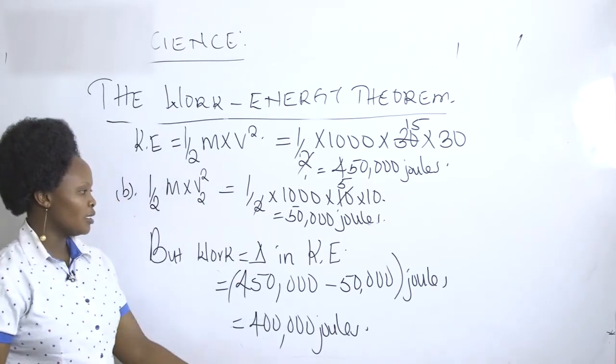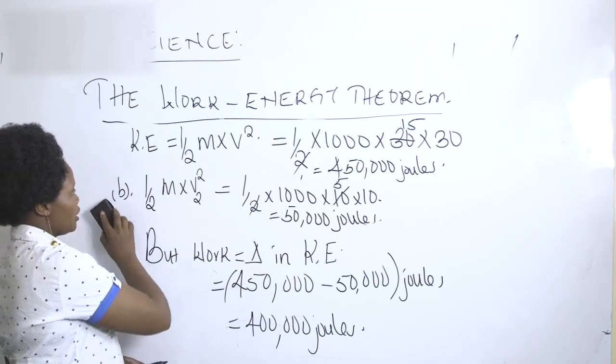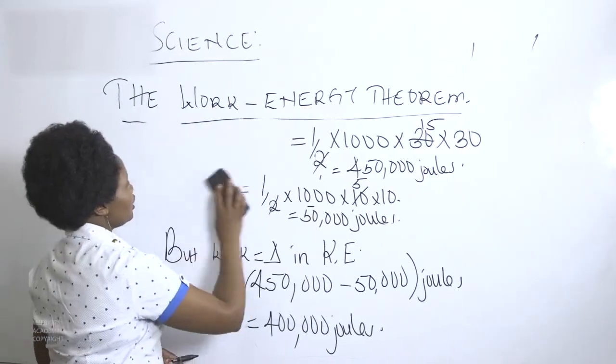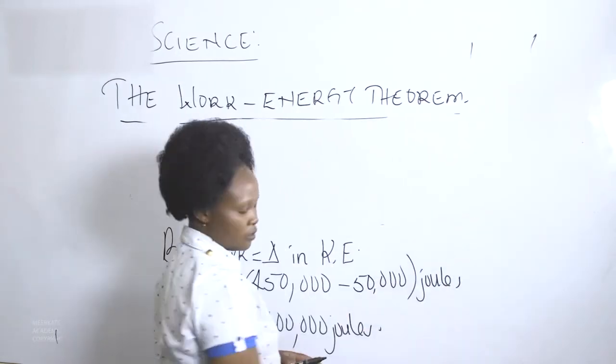Now, the work done by the braking force is 400,000 joules.